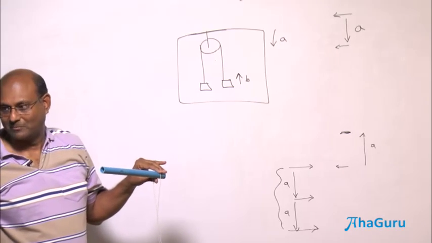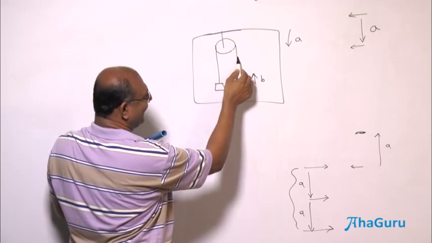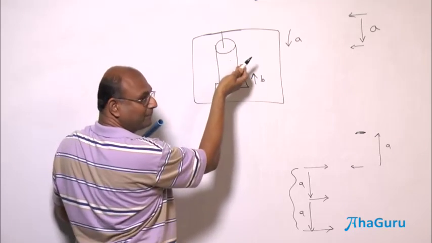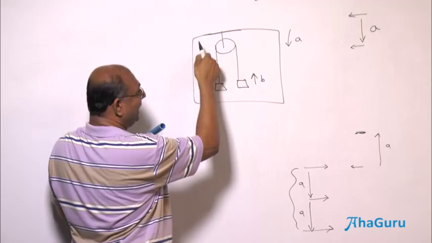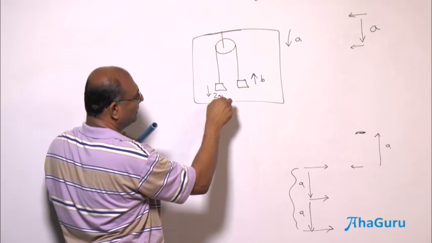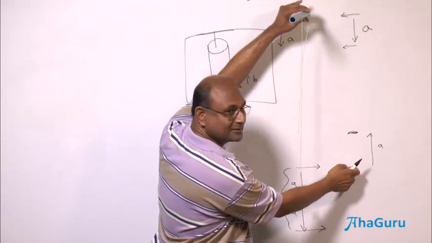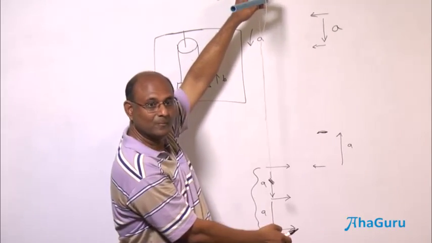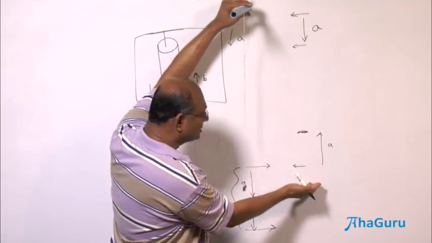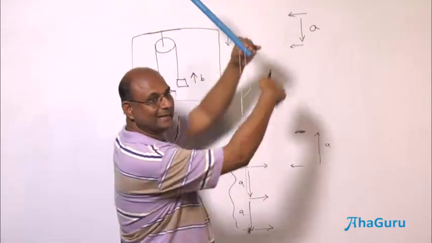Very common problem. Now if the pulley goes down A, slack A, this goes up B, slack B, B, 2A plus B. But you just saw that here. When there was a pulley fixed here, this object is fixed, this goes down 2A. But if this also goes up, then 2A plus that.